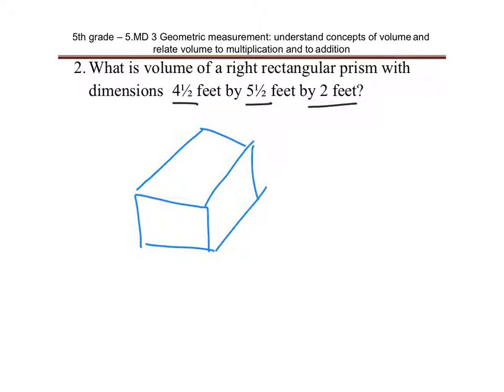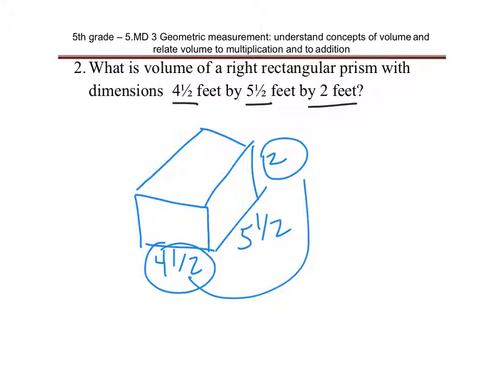But remember, although you're multiplying everything together, you don't have to multiply them in order. When I look at this, I say to myself, what would I like to multiply together best? I definitely multiply the 2 with one of these others. So I'm going to choose to multiply it with the 4.5.